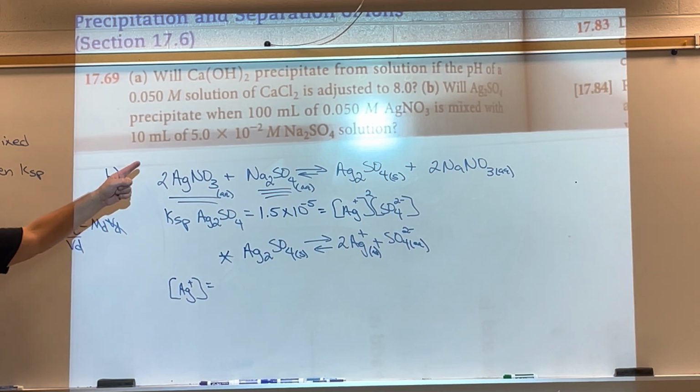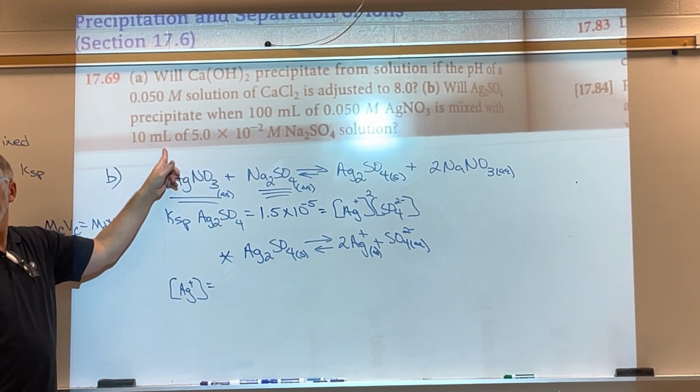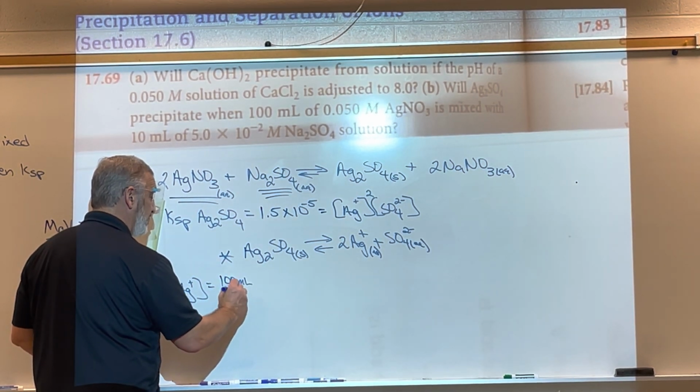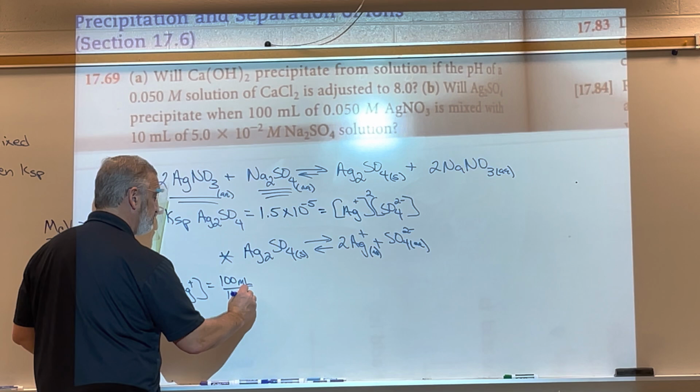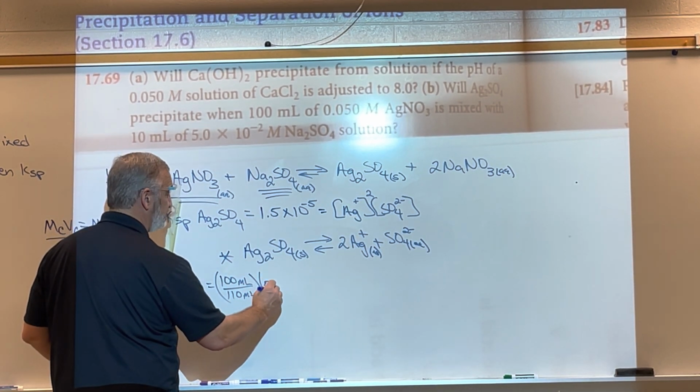Well, what's the volume of my dilute going to be? 110. The volume of the concentrate is going to be 100, so it's just 100 divided by 110 times my initial concentration of 0.05.